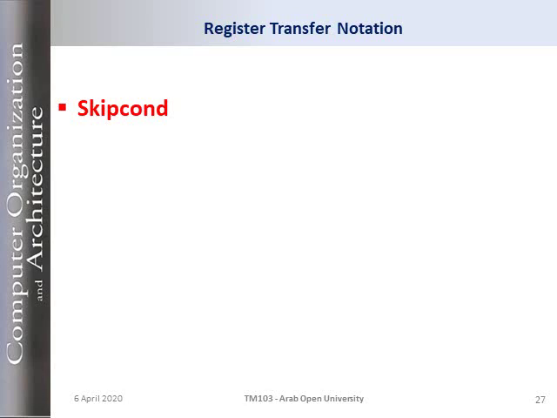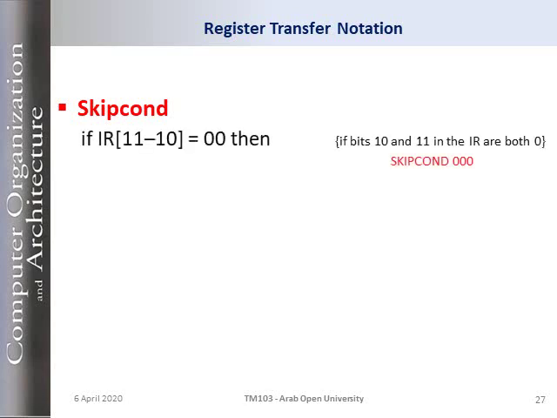What about skip condition? Okay, this is a little bit complicated. We'll take it step by step. If instruction register bit number 10 and bit number 11 are equal to 0, 0, it means that both are zeros. It's skip condition 000, if you remember.